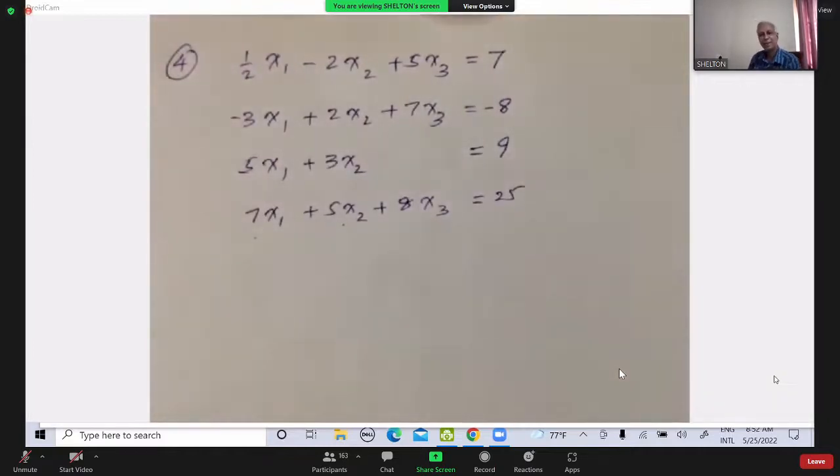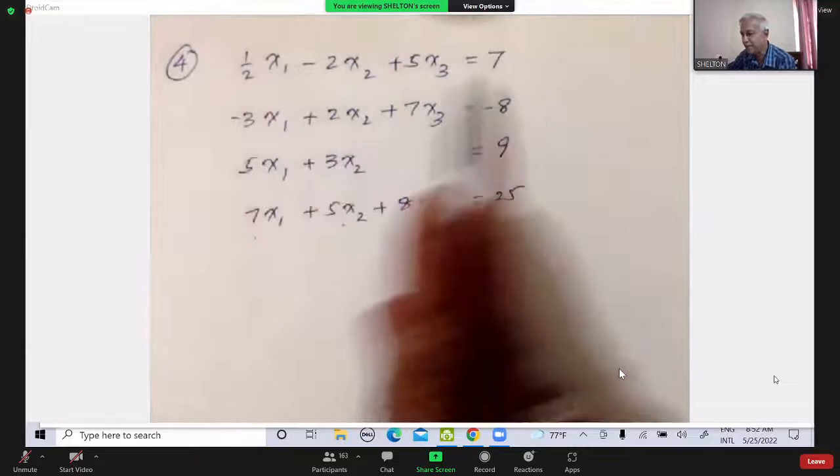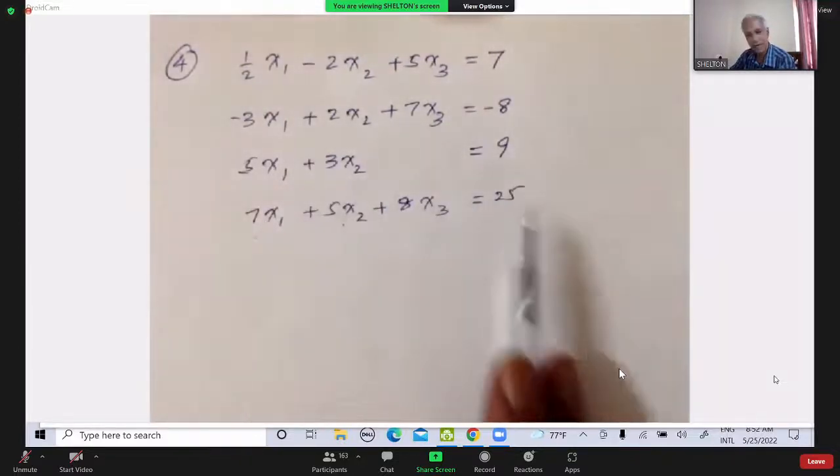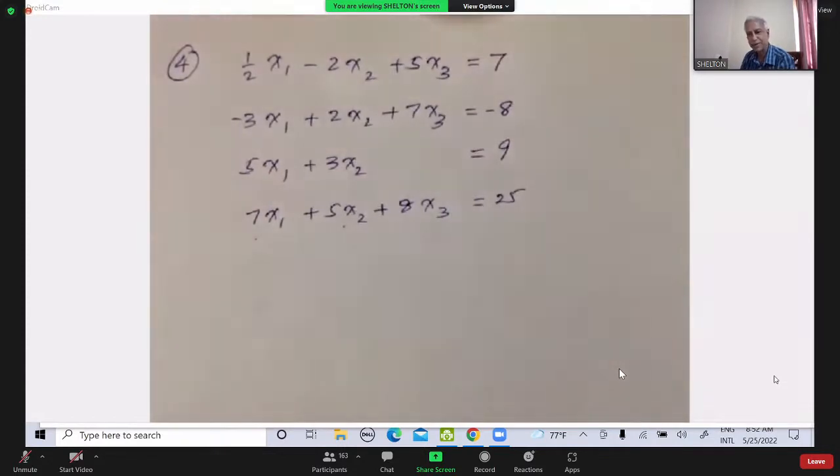Look at this. Is it a system of linear equations? You have to check whether every equation given is linear. Every equation given there is linear.